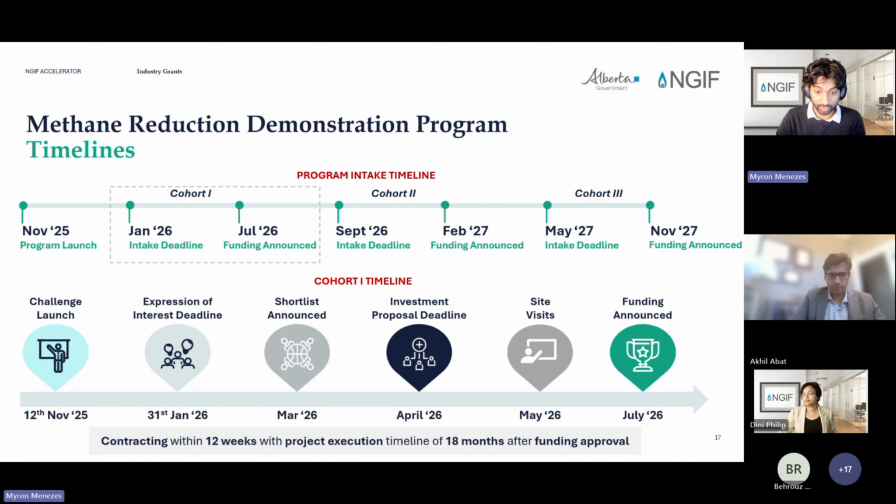You will have a month to submit your detailed investment proposal and we'll commence site visits shortly after. Again, depending on the volume of applications we receive and if everything is on track, we expect to announce the finalists sometime in summer, perhaps towards the end of July.